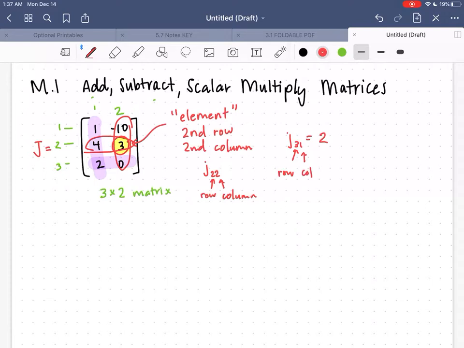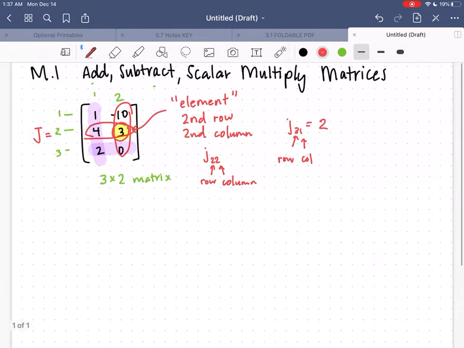But we're going to start talking about add, subtract, and scalar multiply matrices. Basically, add, subtract, scalar multiply work just like you would expect them to. So if I have that matrix J that we just barely talked about, and if I come up with a new matrix, we'll call it Q, and matrix Q looks like -10, 0, 0, 1, 3, 9.